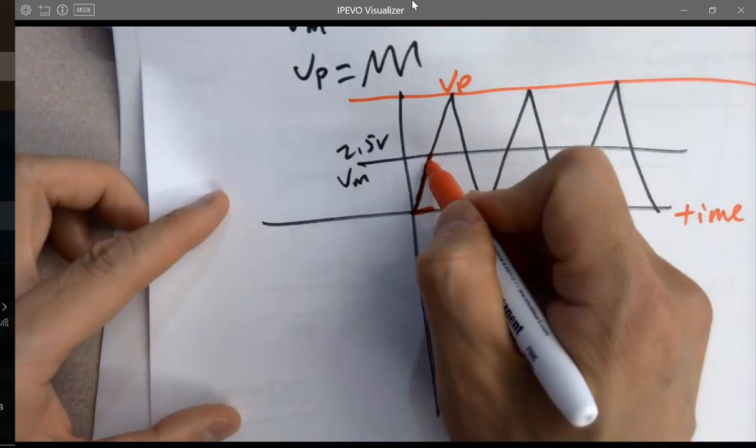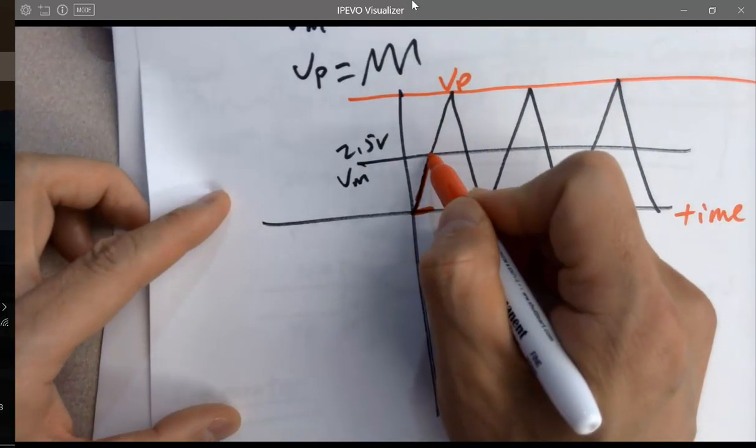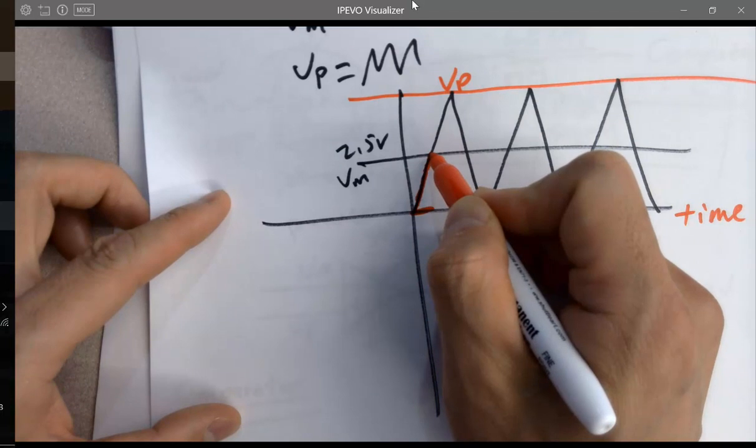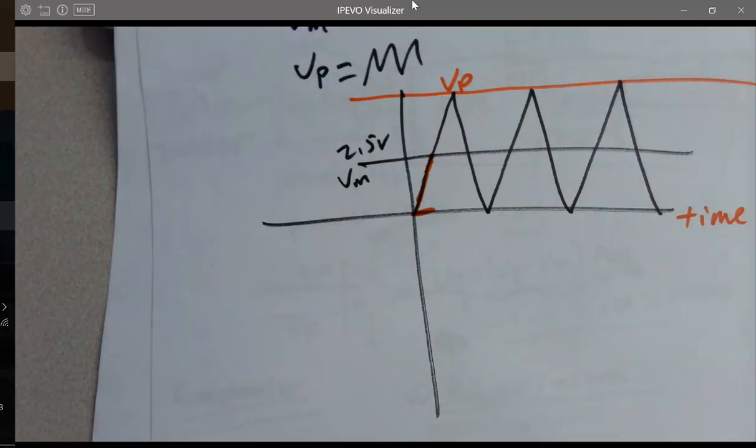But once Vp reaches that 2.5 volts and becomes slightly larger than Vm, you are getting a tiny positive delta V, which will be amplified like crazy to 5 volts.